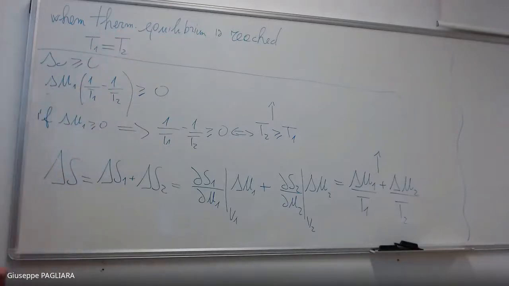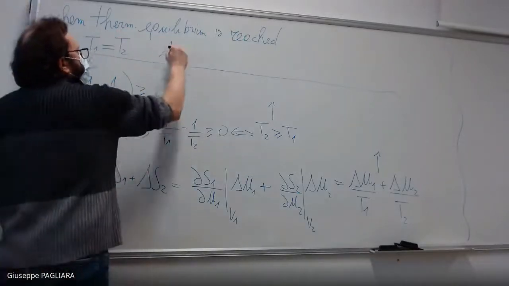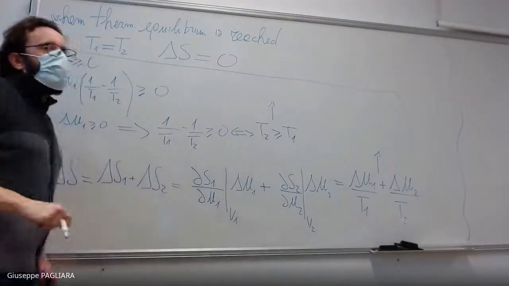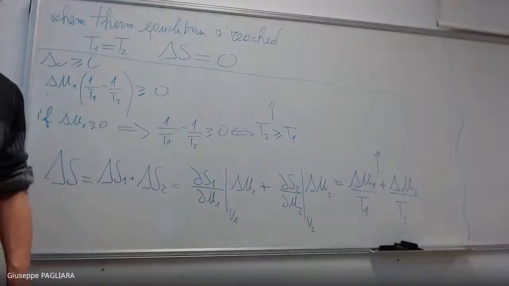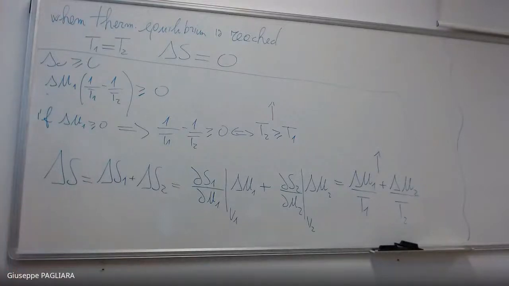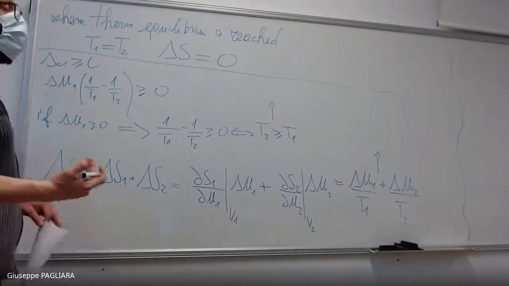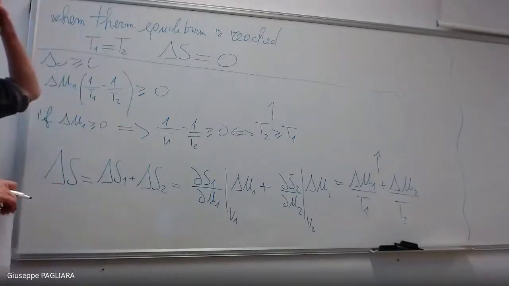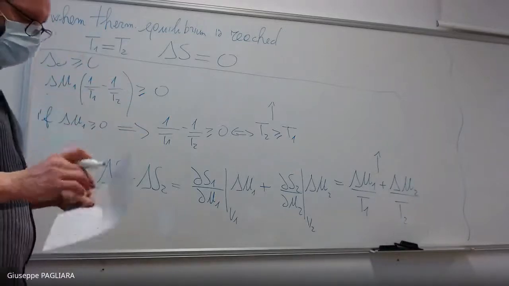Okay, so the two temperatures are equal, and delta S is now equal to 0. I am in a stationary situation, there's no variation of entropy anymore. I have reached already the maximum of entropy, and that's it.